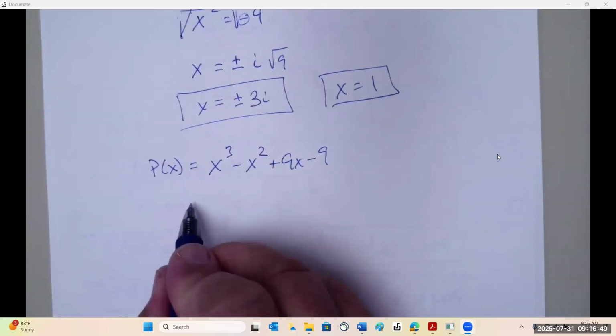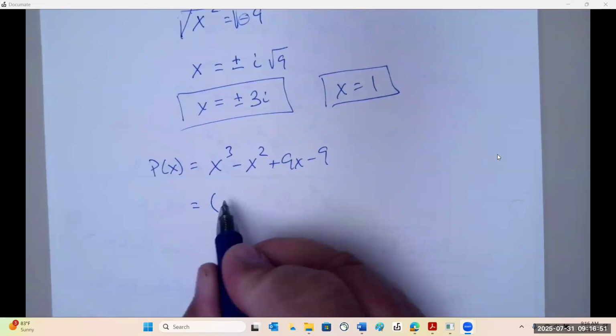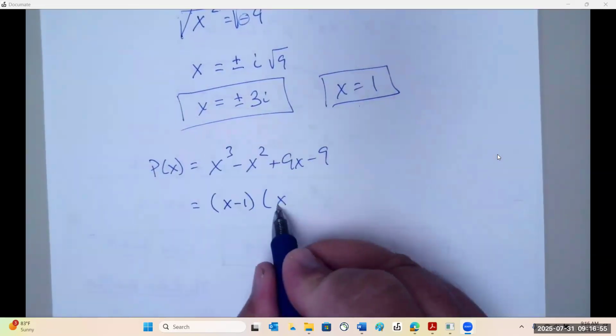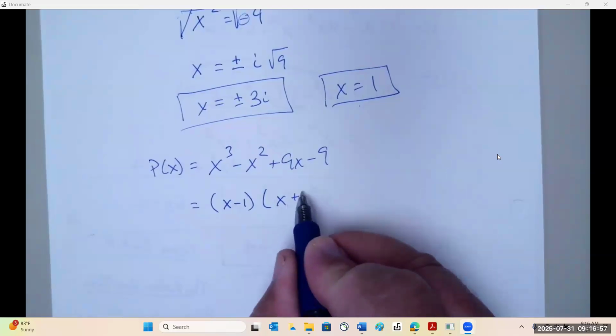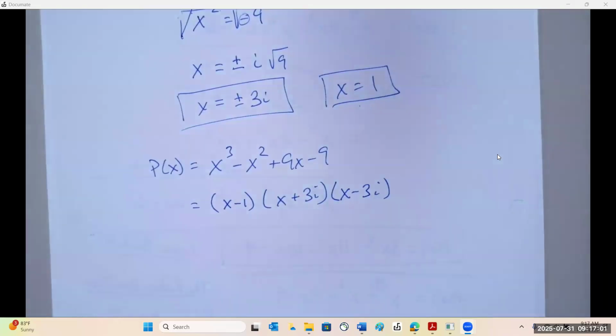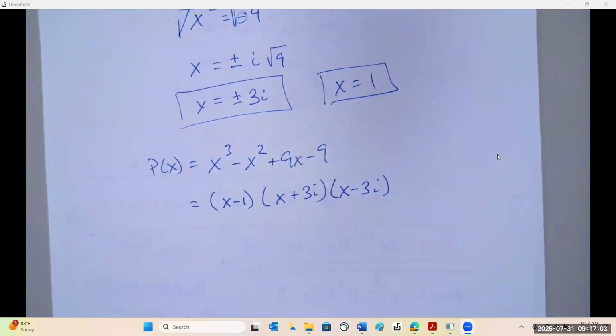What are the factors? x minus 1, x minus 3i, x plus 3i. Very good. So there's the factors. Once you find the intercepts, you can find the factors. So far, so good?